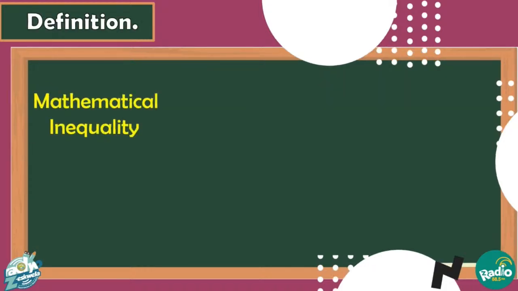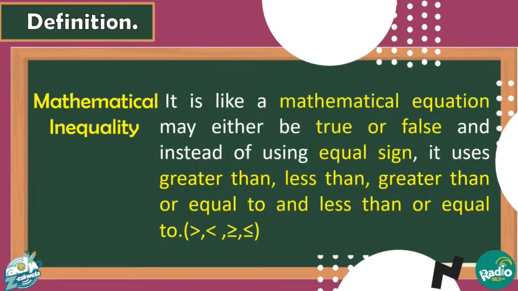As defined, a mathematical inequality is like a mathematical equation that may either be true or false, and instead of using the equal sign, it uses greater than, lesser than, greater than or equal to, and lesser than or equal to.